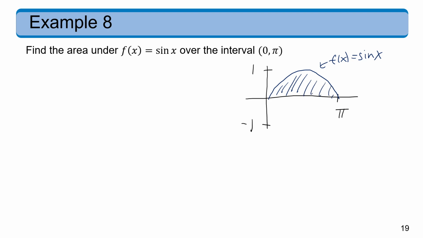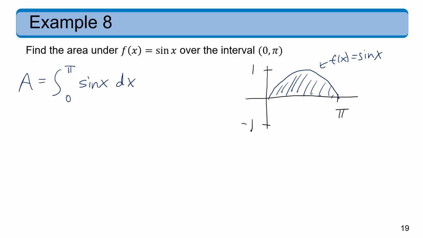So we know we can set up a definite integral that represents that area. So it's pretty simple to do. You just integrate over the given interval 0 to pi, and then the function that we're finding the area below is just sine x dx, right? So that part's very straightforward.